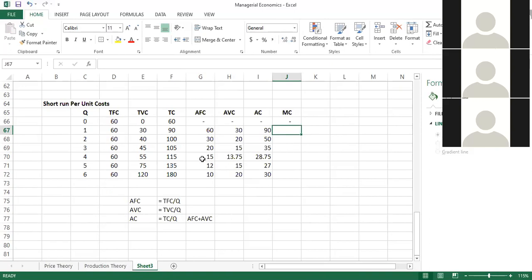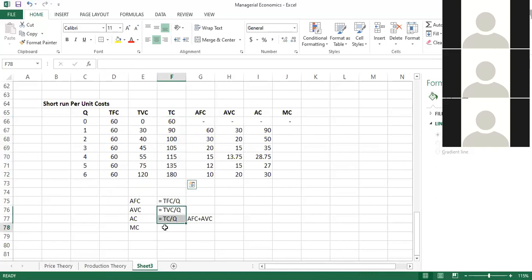But as you correctly mentioned, we can calculate this in two ways, because total cost changes purely due to the change in what? Variable cost, because even if the output changes, fixed cost remains the same. Therefore, total cost changes purely due to the change in total variable cost.